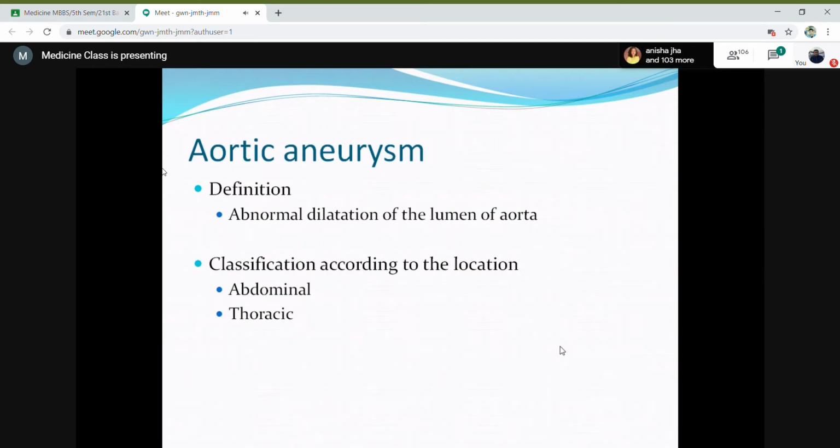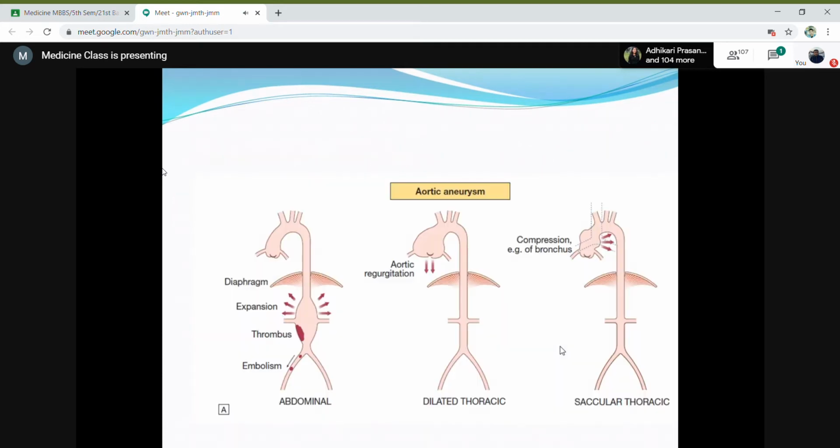Now we'll be focusing more on the aortic aneurysm, that is, an aneurysm in the aorta. Abnormal dilatation of the lumen of the aorta causes aortic aneurysm. Depending on the location, whether it is in the abdominal aorta or thoracic aorta, it can be divided into abdominal aortic aneurysm and thoracic aortic aneurysm. This is again the diagram showing the same.